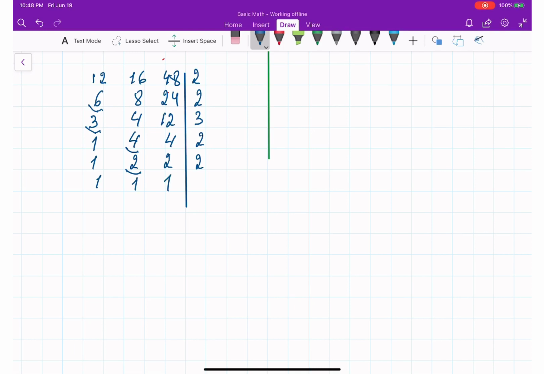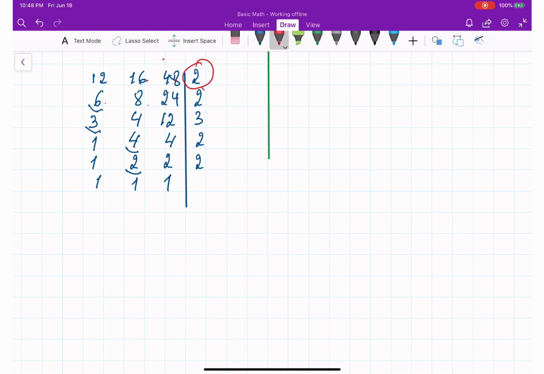So what is going to be the greatest common divisor? These 2, because I could divide all three numbers by 2. I reduced 12 to 6, 16 reduced to 8, and 48 reduced to 24.